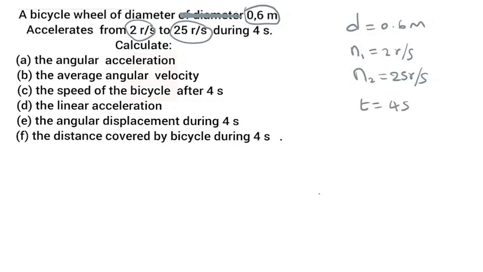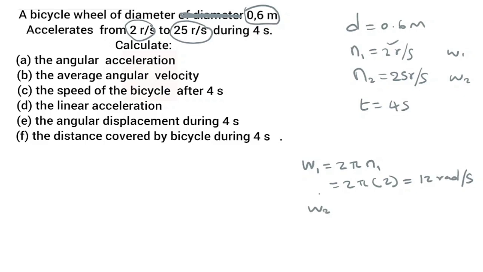Before we calculate, let us calculate each angular velocity. Let us calculate the angular velocity 1 and angular velocity 2. How to calculate it? We will say angular velocity 1 is equal to 2 pi n1. We put that 2, and this will give 12 radians per second.